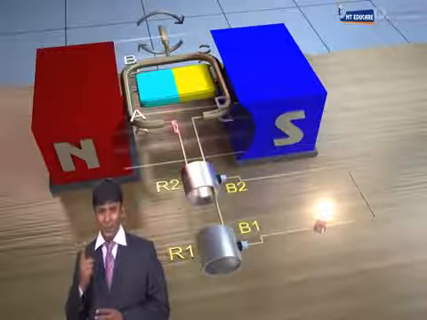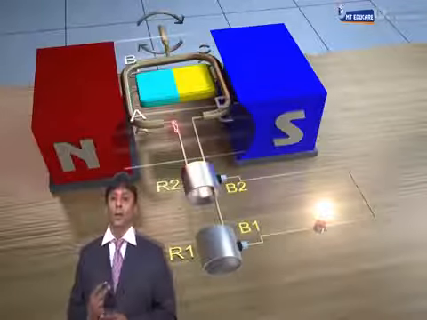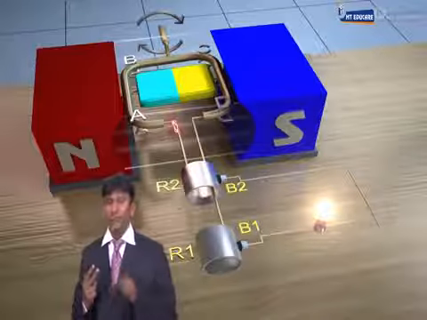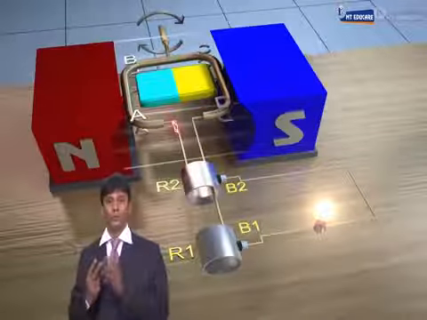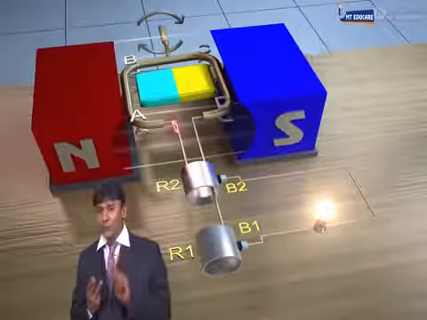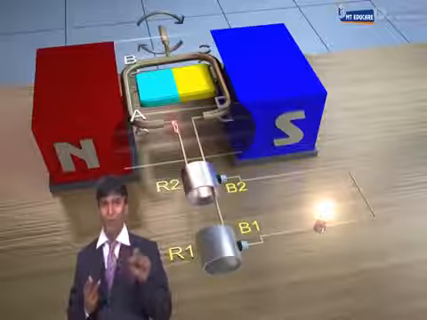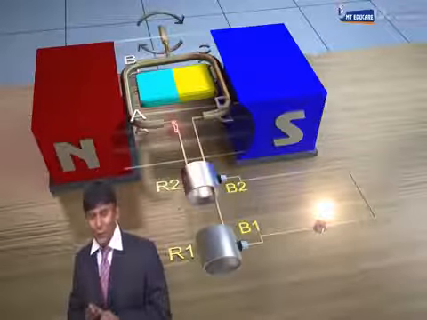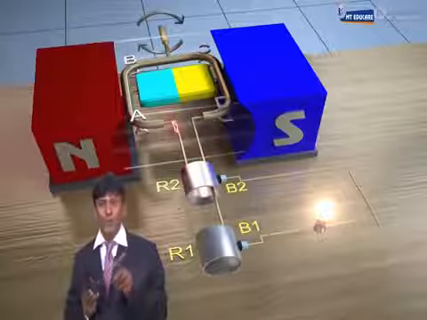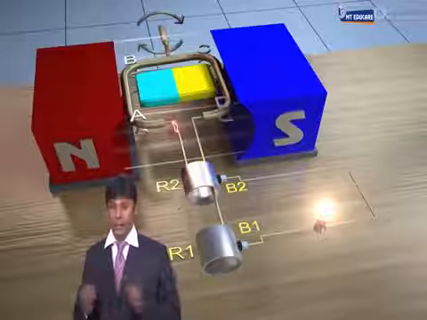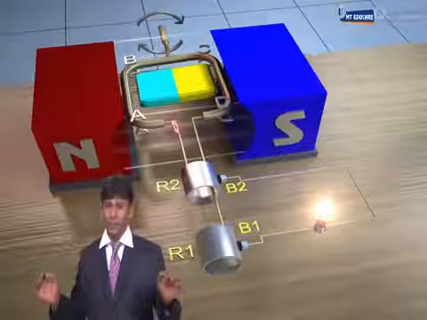Second point, the direction of the induced current is given by Fleming's right-hand rule. Third point, the current flows through the brush B1 in the first half of the revolution, and the current flows through the brush B2 in the second half of the revolution. Hence, the current is of alternating nature, right?